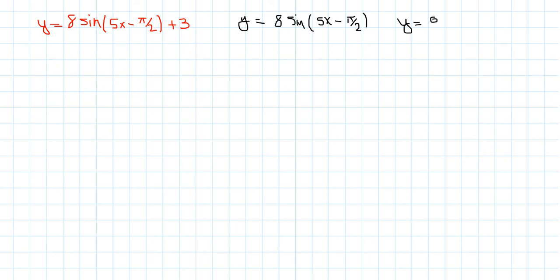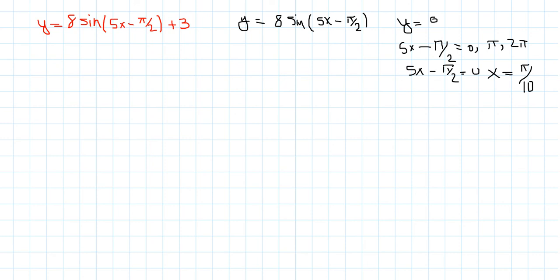So I know 5x minus pi over 2 is equal to 0, pi and 2 pi. So one time, 5x minus pi over 2 is equal to 0. I write 5x minus pi over 2 is 0, then x equal pi over 10.